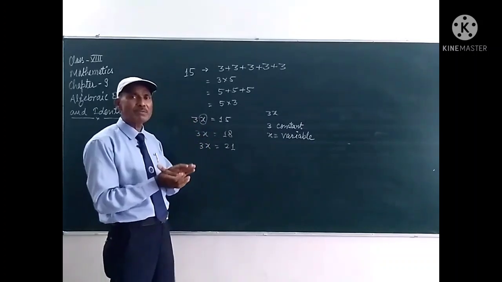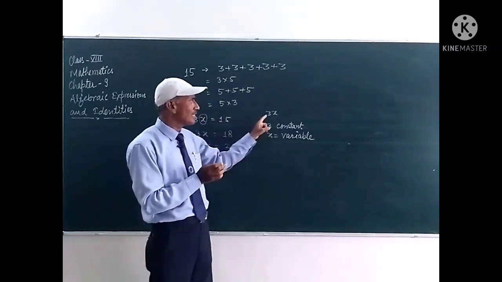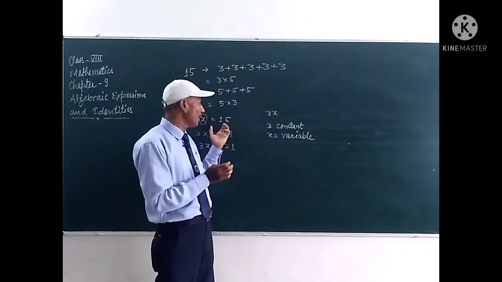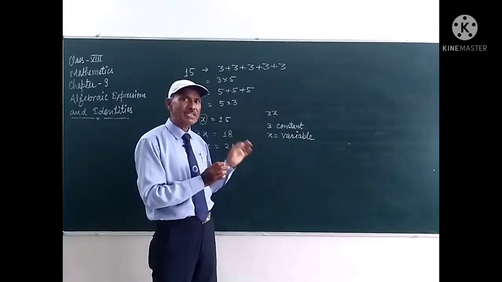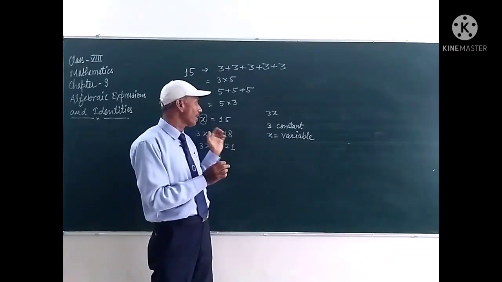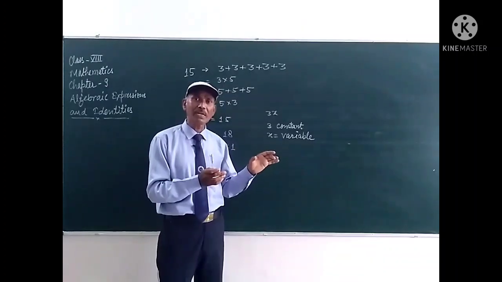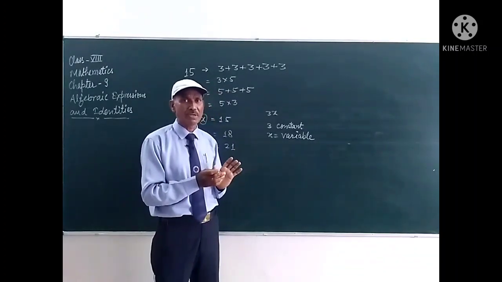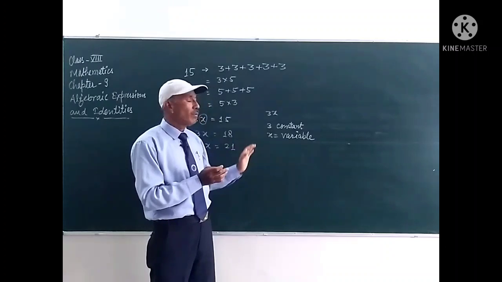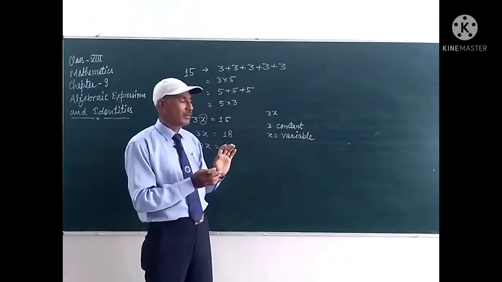So there is a difference between equation and expression, students. 3x and 15 are expressions, and if there is a sign of equality in between, then that is an equation. So now we have to discuss the expression.